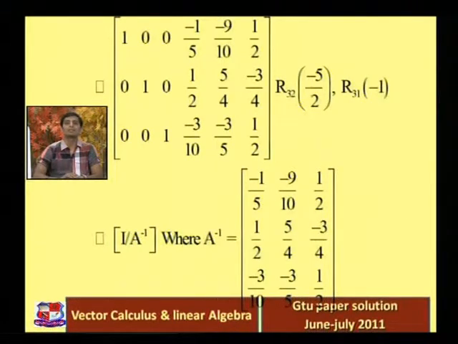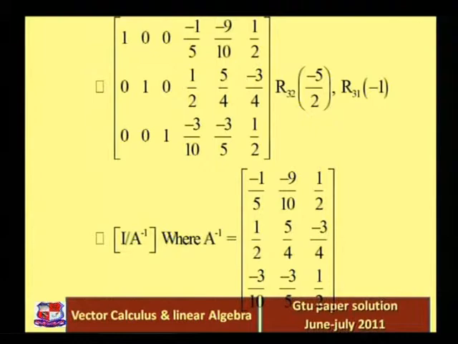And this method is called the Gauss-Jordan method. Using elementary row operations, we can find the inverse of a 3 cross 3 matrix. Similarly, you can also find the inverse of a 2 cross 2 matrix or a 4 cross 4 matrix. But generally in the GTU exam, maximum examples are of 3 cross 3 matrices, because a 4 cross 4 example is quite difficult and a long process, and the 2 cross 2 example is very easy.